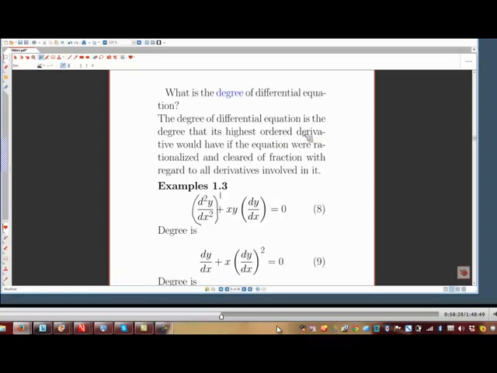Degree of a differential equation is the degree that its highest order derivative has. Forget about the second part right now, just focus on the first two lines. So degree is 1 here. Very good. What's the degree here? Degree is 2. Very, very good.